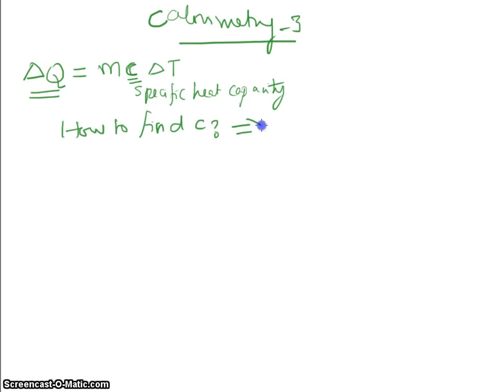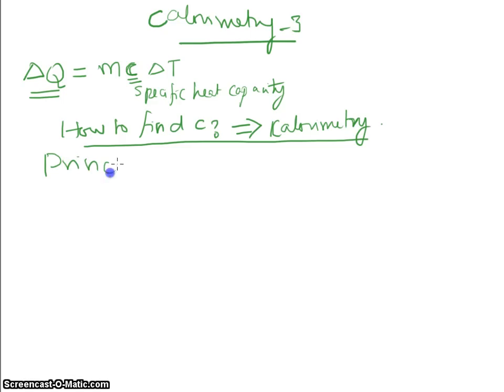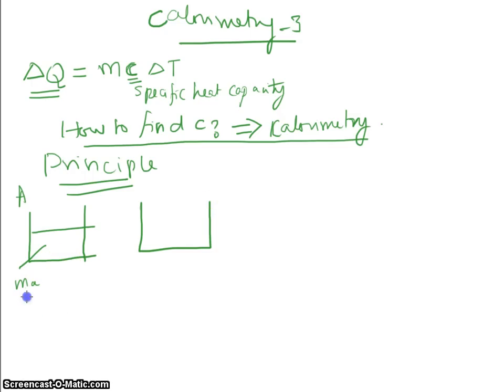This is done by calorimetry. Now, what is the principle of calorimetry? Imagine you have substance A, with mass Ma and specific heat capacity Ca, and then substance B, with Mb and Cb.